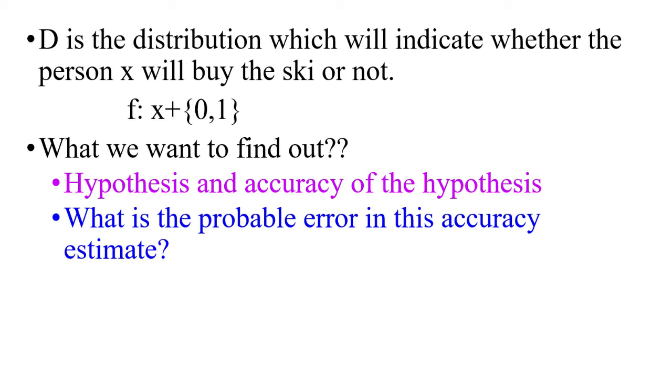If there are more hypotheses, then we are interested in calculating the accuracy of the hypothesis. We would like to consider the hypothesis which will give us the best accuracy. Second one is we want to find out what is the probable error in this accuracy estimate: sample error and true error.